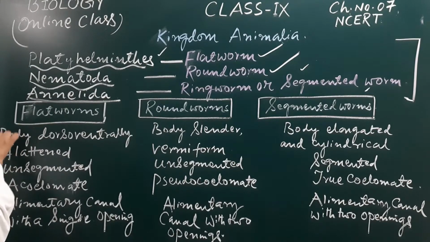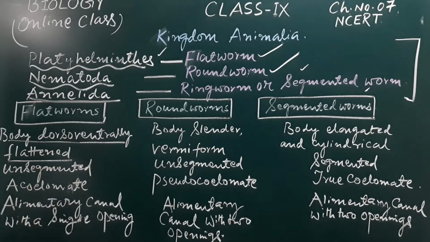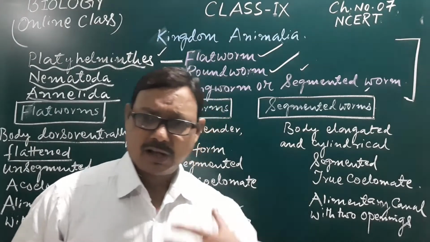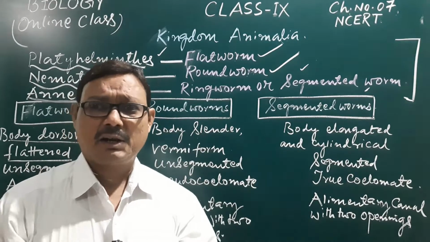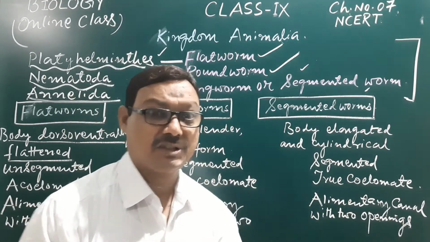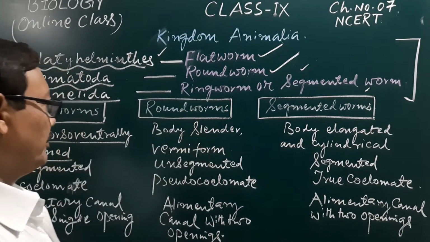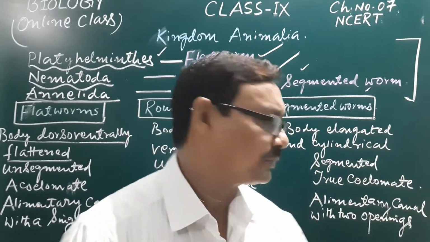Number 1, body shape: dorsiventrally flattened. That means from the dorsal side and from the ventral side, both sides will be flattened, chipta. And the body is slender in roundworms. Slender means thin, slim, patla.